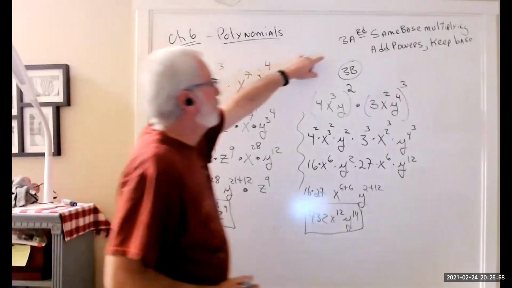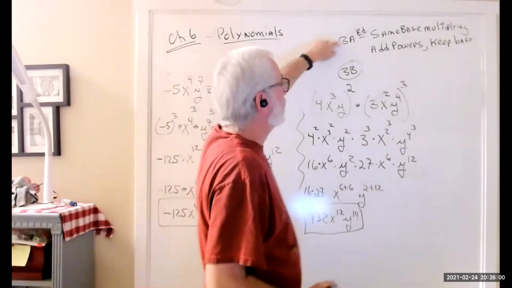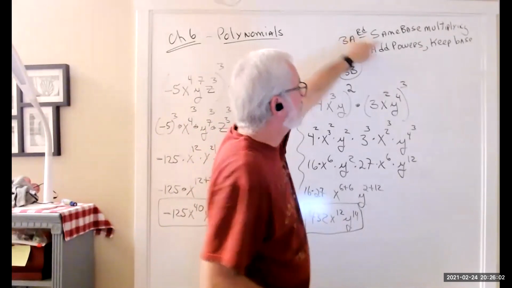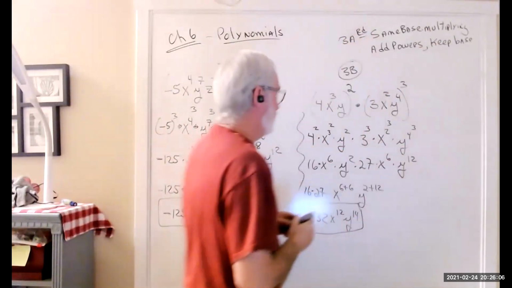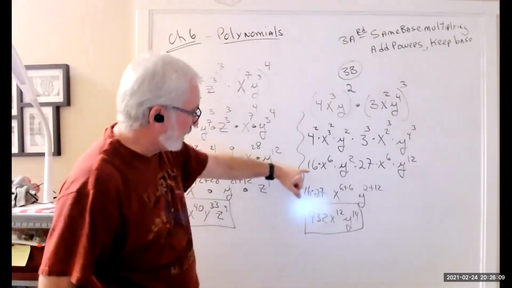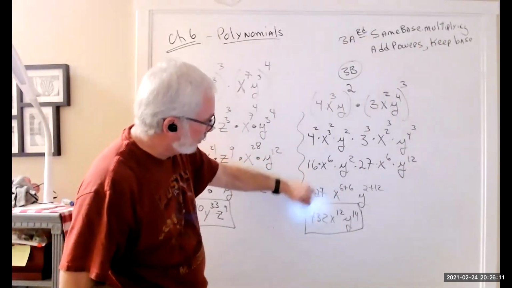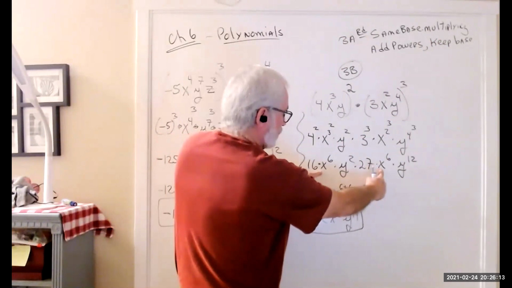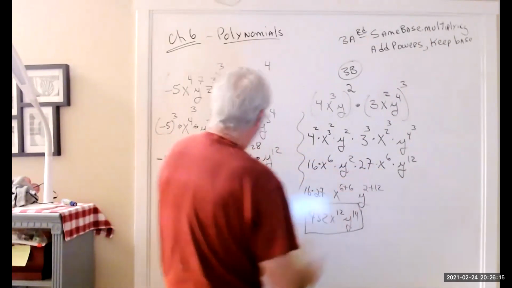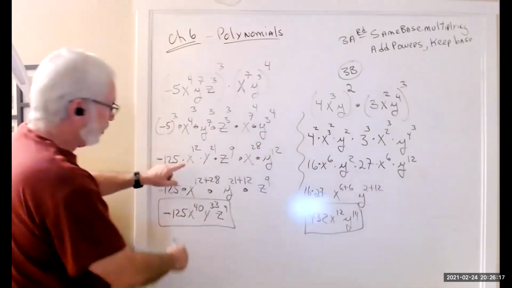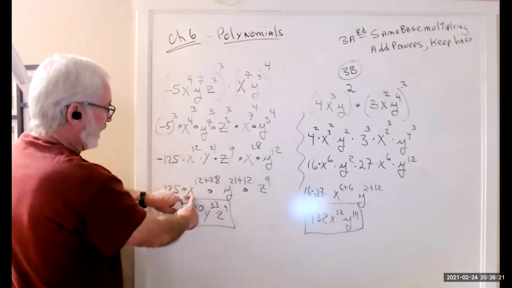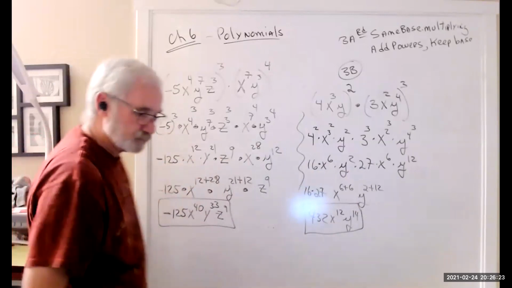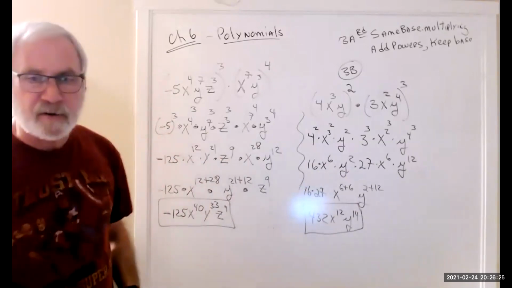I put up here Rule 3A, which is the same base and they're multiplying. Okay, add the powers, keep the base. That's kind of what we did here, going from here to here. We looked at the x's, we keep the x, we added the powers. Or over here, going from this step down to this step, we keep the x, added their powers. But what if they're dividing?